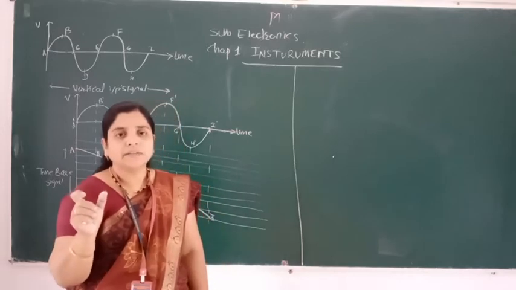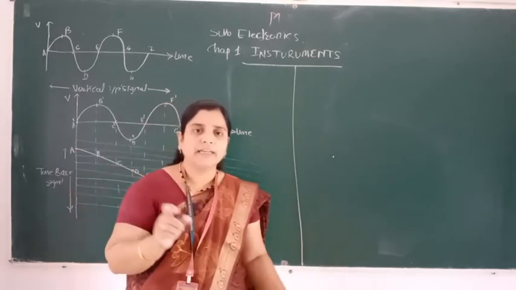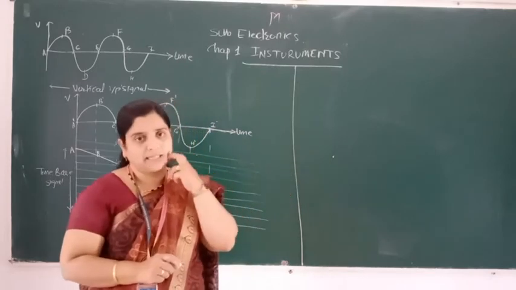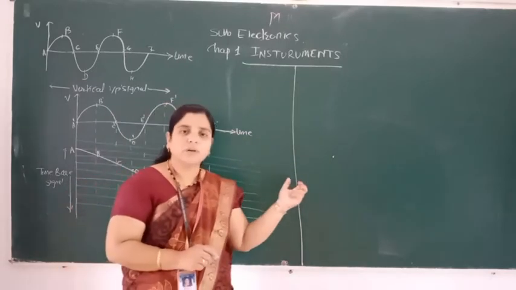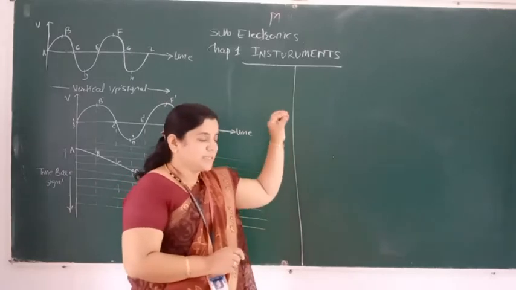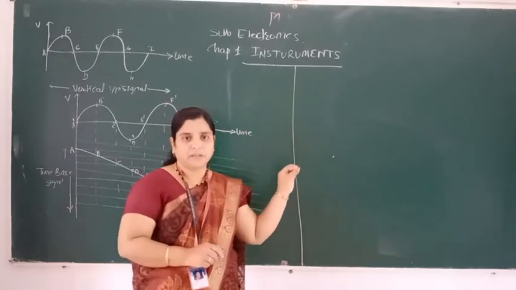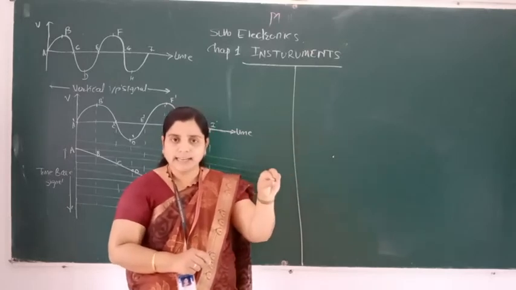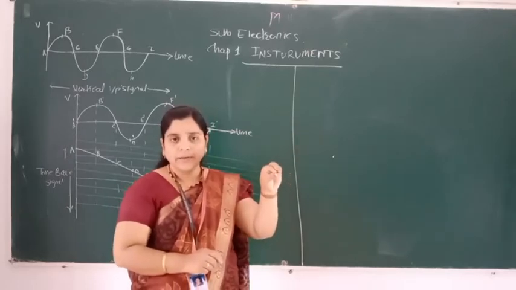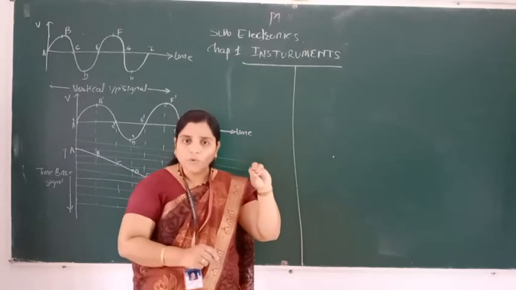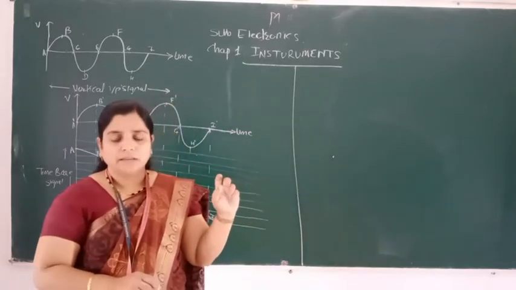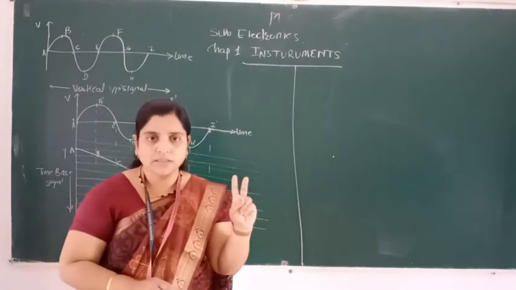It moves, it fluctuates as the AC signal, according to the frequency of the AC signal. What does AC signal mean? Whatever mains supply comes in our electric board, that supply is given to the CRO. Then it will move according to the frequency of the AC signal. Okay, so remember these two points.